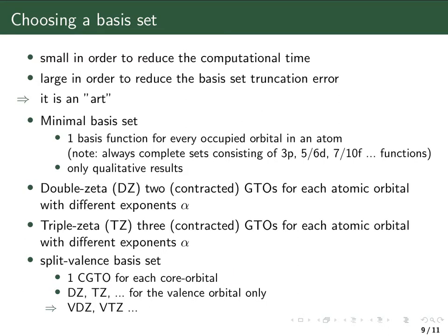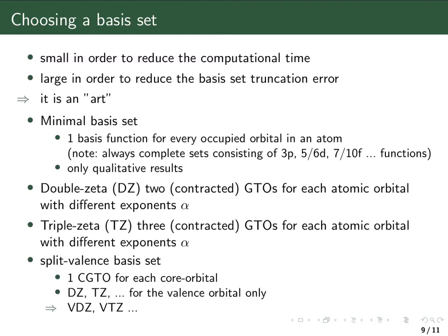Typically, these contracted Gaussian functions for the core orbital actually consist of maybe 6 primitive Gaussian functions contracted to 1. And then for the valence orbitals, 2s, 2p for carbon, 3s, 3p for silicon and so forth, one uses a double zeta or triple zeta basis set.